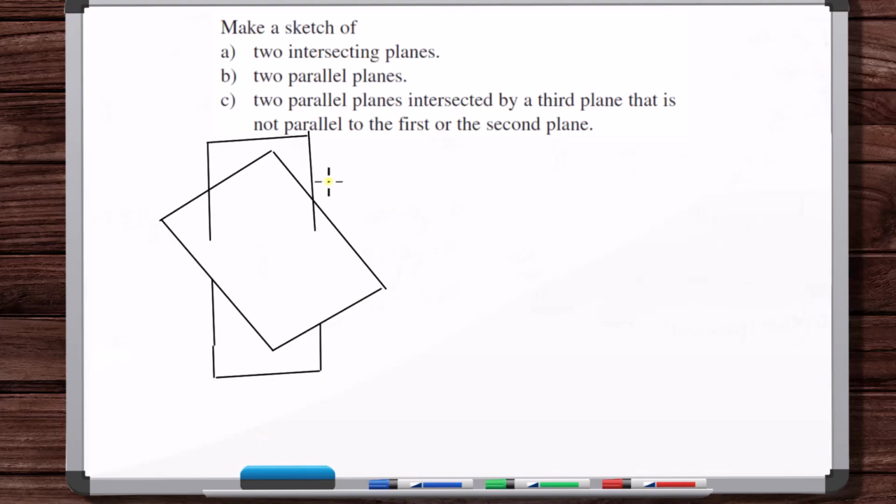The idea is that two planes that intersect are going to intersect at a unique line. These planes extend infinitely in all directions, and so does the line.